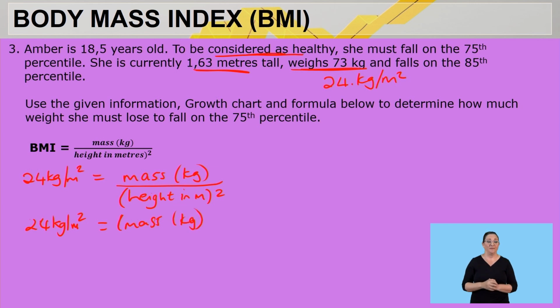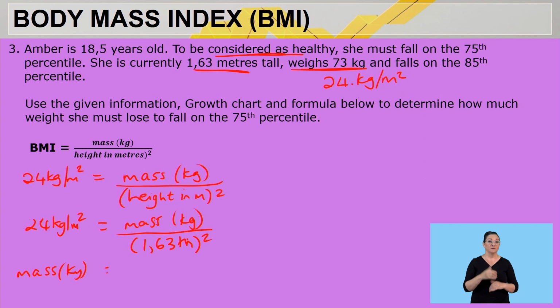Let's take that bracket away there. And I'll divide that by our 1.63, and that is meters squared. All right, but what are we looking for? We are looking for the mass, and that should be in kilograms. So therefore, what will happen now?